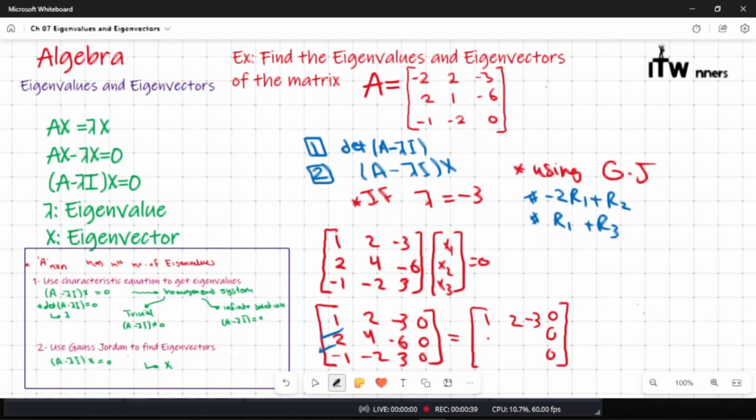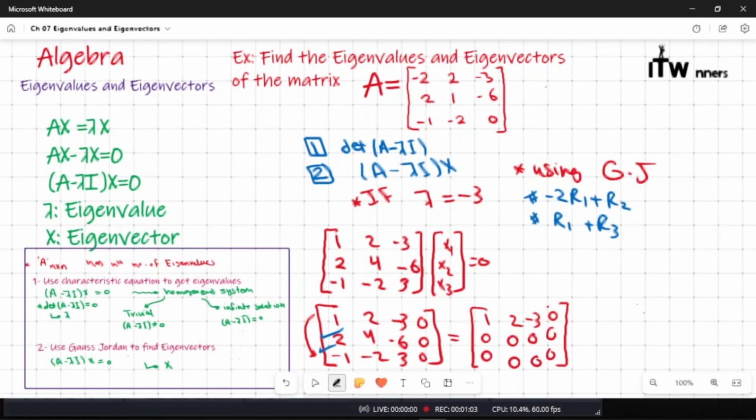Here multiplied 1 by -2, then add 2, we have here 0. Multiply 2 by negative 2, then add to 4, we have here 0. Multiply negative 3 by negative 2, then add to negative 6, so we have here 0. Here add the first row to the third row. So we have here 0, 0, and 0.